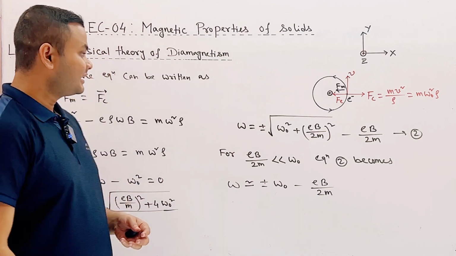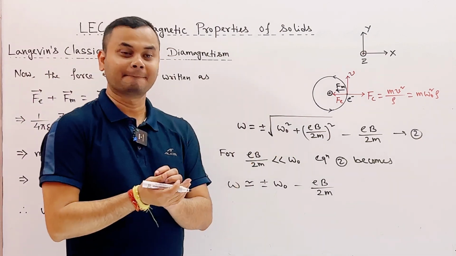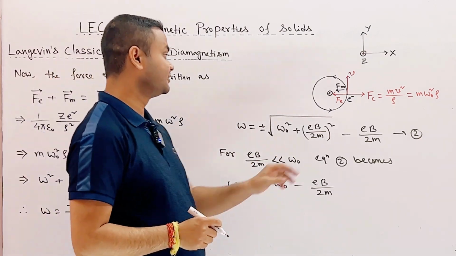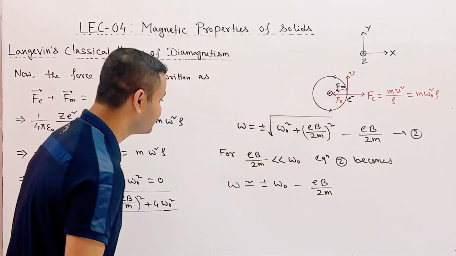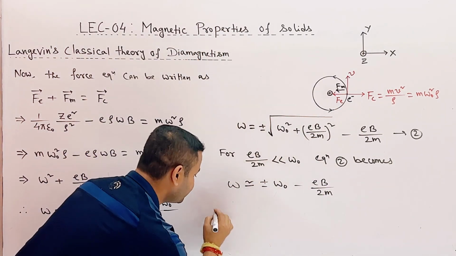So we have seen that after application of external magnetic field, the angular frequency of this electron is changed by the factor eB divided by twice m.